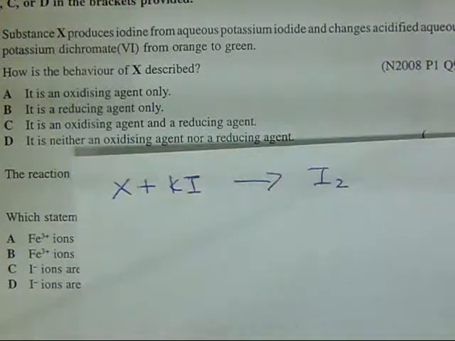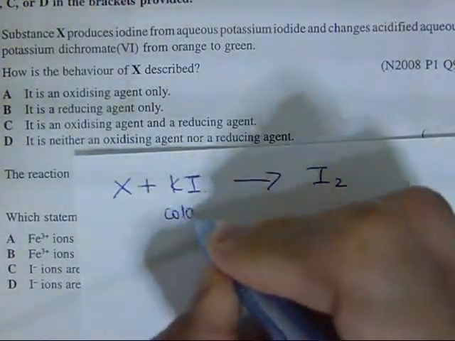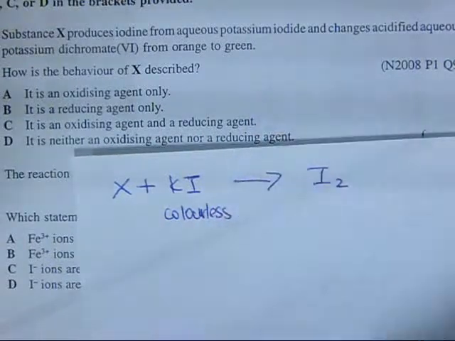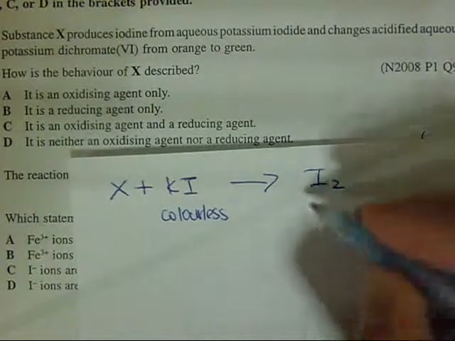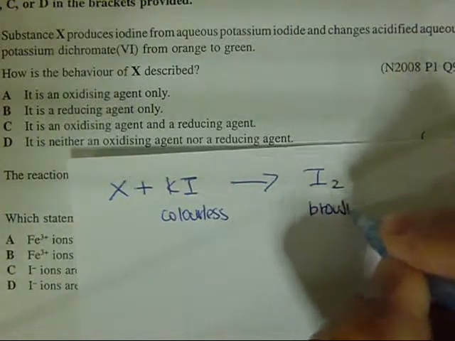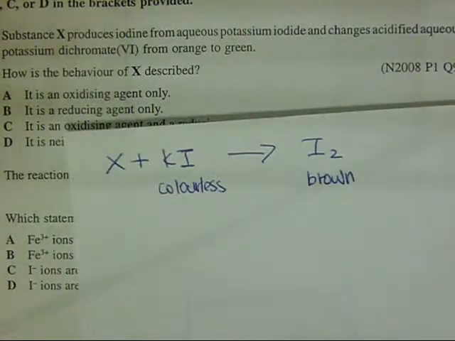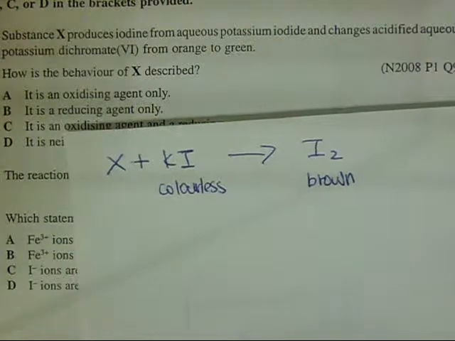Now this KI, what is the color? The color is colorless. I2, which is aqueous iodine, the color is brown. Okay, that's the first part of the sentence.